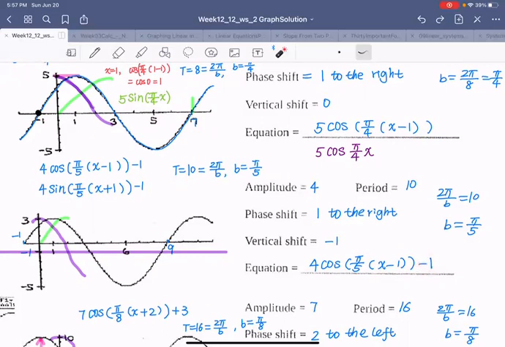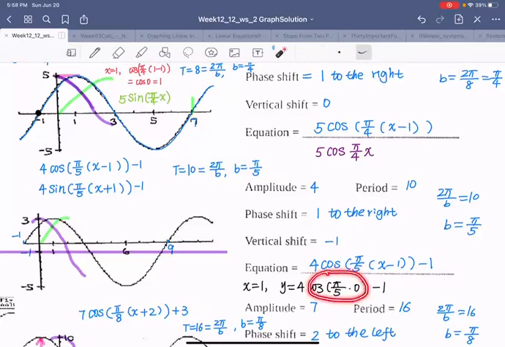Okay, yeah. If we want to double check, we can plug in x equals 1. When x equals 1, let's see how much. y equals cosine of pi over 5 times 1 minus 1, which is 0.